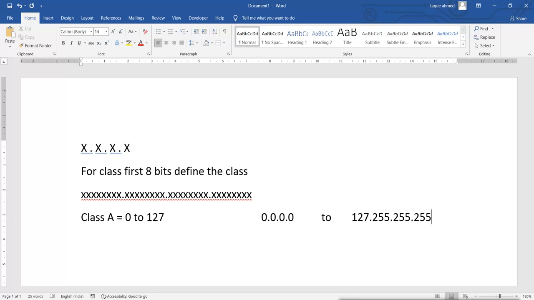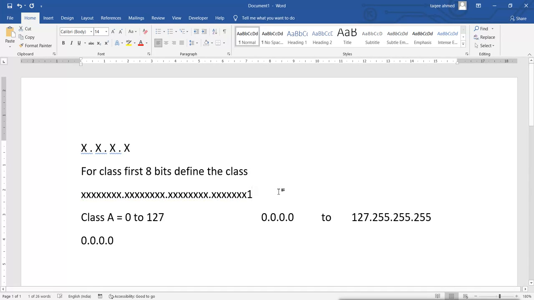Now why is it 255.255? Because the IP will change like this. First it will start from 0.0.0.0, where all your bits are 0. Now your first bit will get enabled, and when this bit is enabled, your number will be 0.0.0.1.